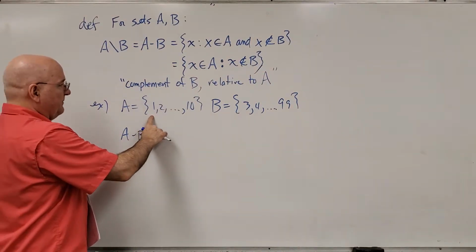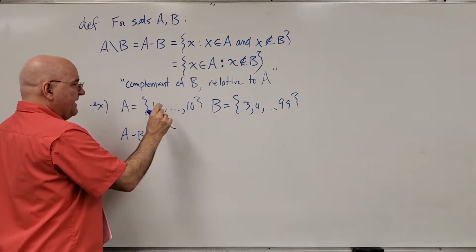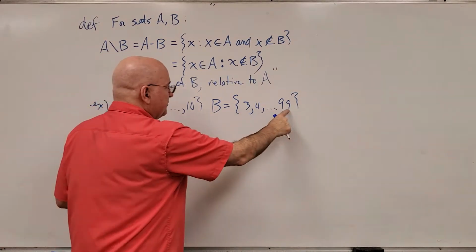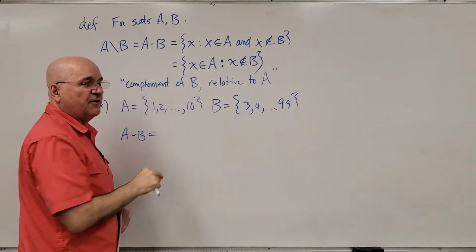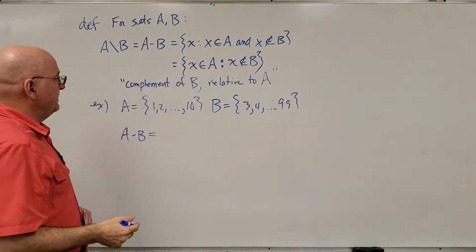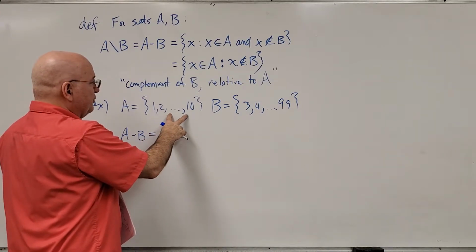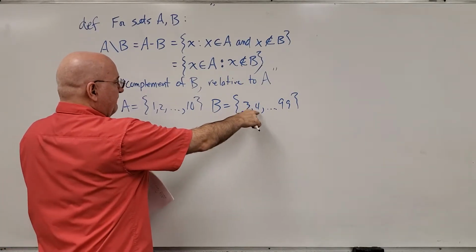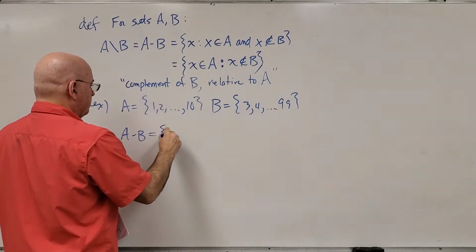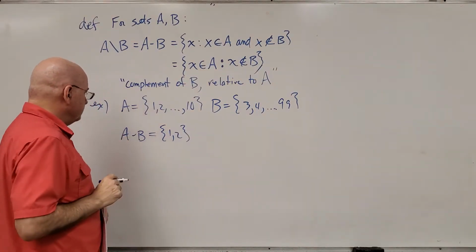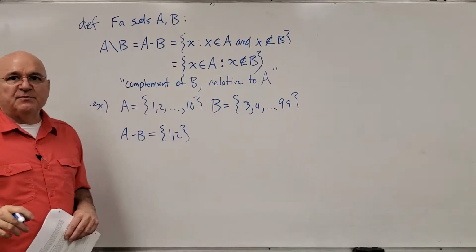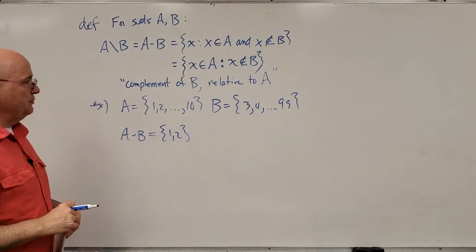It's simply the elements 1 through 10, and then remove 3 through 99. We'll notice a lot of these elements aren't in there, and you can just ignore those. So the only ones we're going to remove would be 3, 4, 5, 6, 7, 8, 9, 10. So A minus B would simply be the two elements 1 and 2.